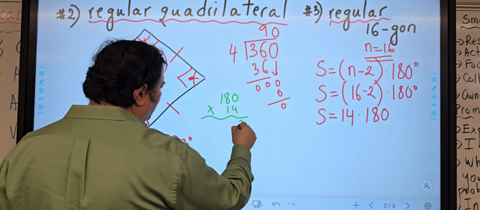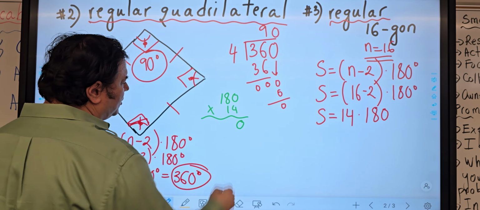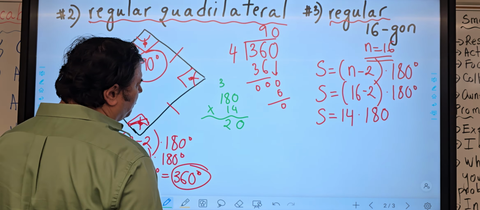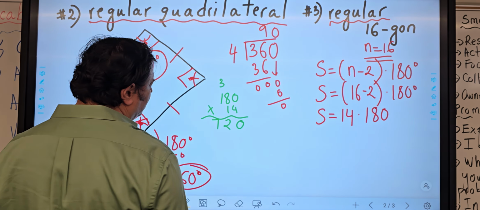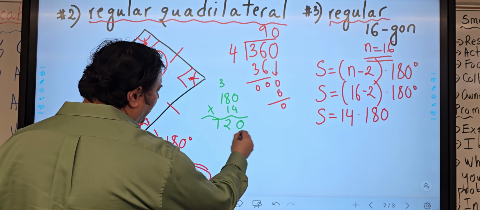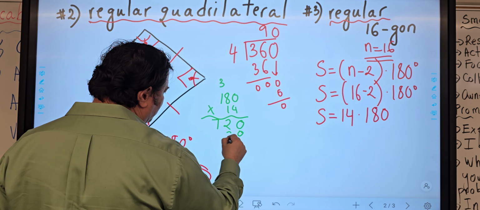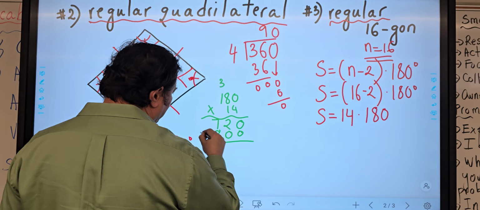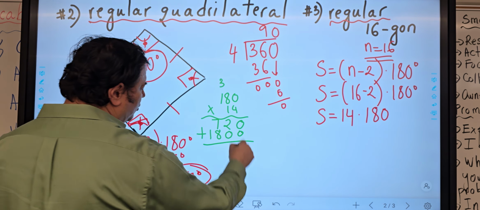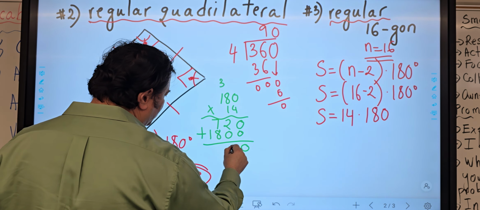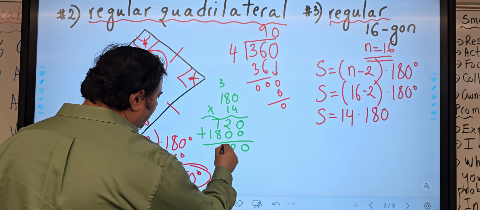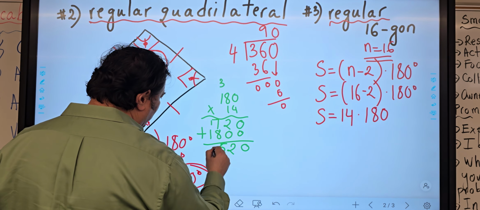4 times 0, 0. 4 times 8, 32. 2, carry the 3. 4 times 1, 4 plus 3, it's 7. Then a 0 place, let's multiply the 1 now. 1 times 0, 0. 1 times 8, 8. 1 times 1, 1. Add the top and the bottom. 0 plus 0, 0. 2 plus 0, 2. 7 plus 8 is 15. 5, carry the 1. 1 plus 1, 2.